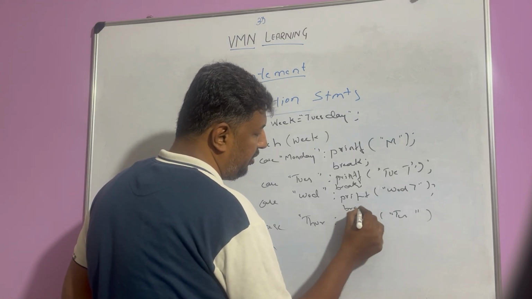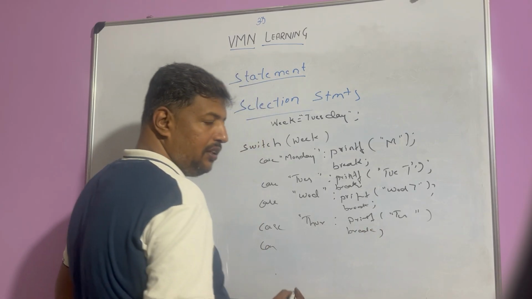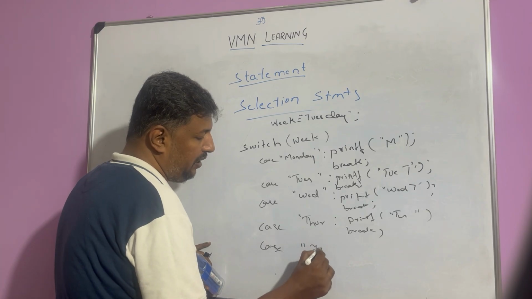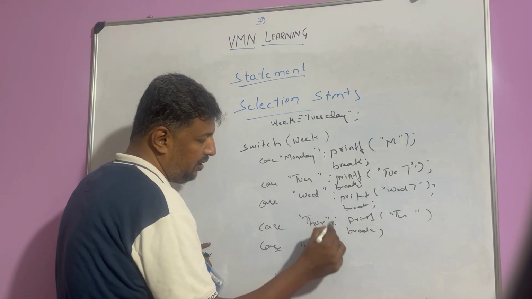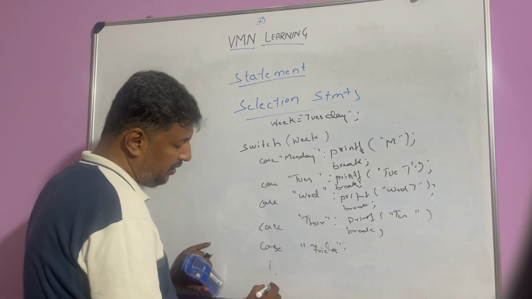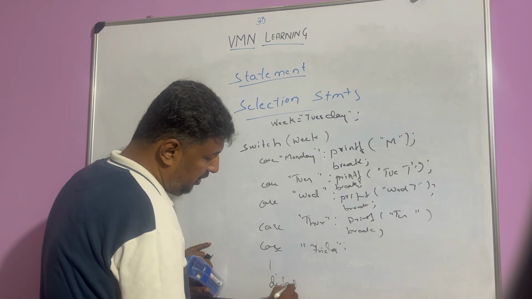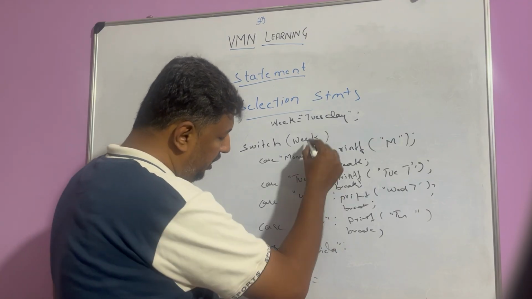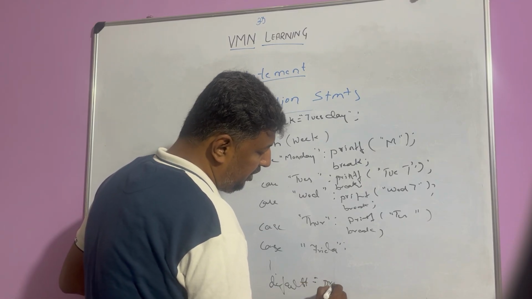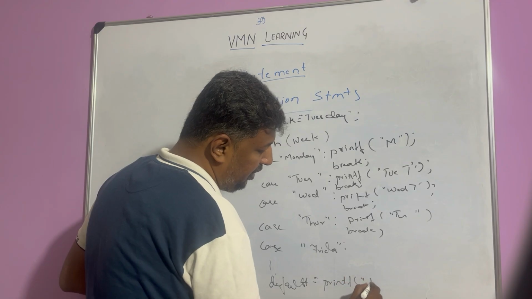So we have to add break everywhere. Case Friday. Then there will be a default. If the value is none of these, then it will go to default and print invalid.